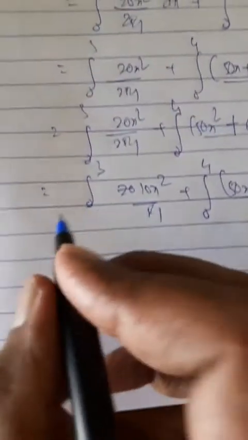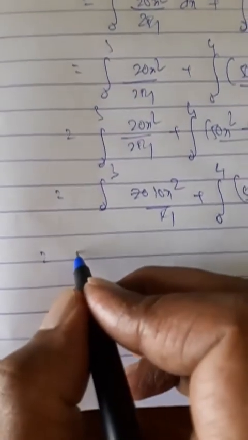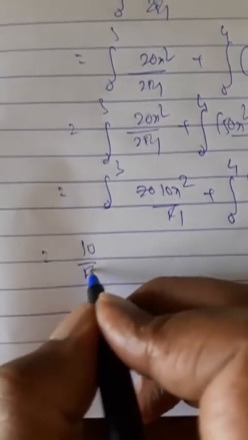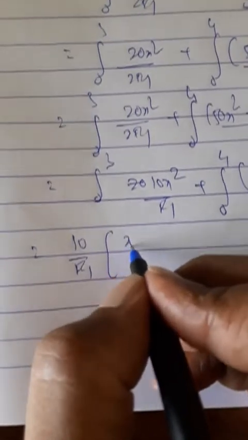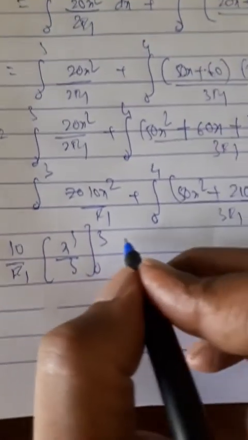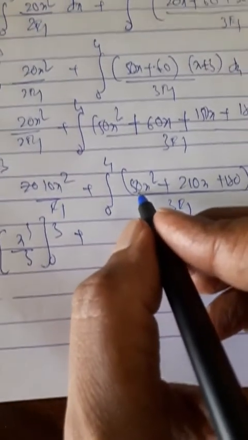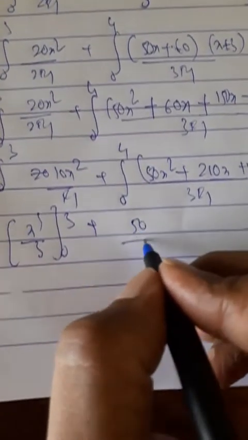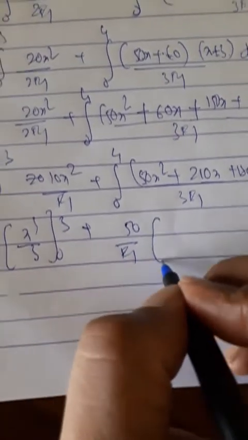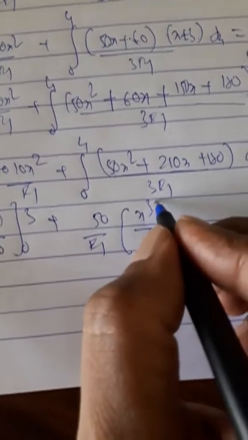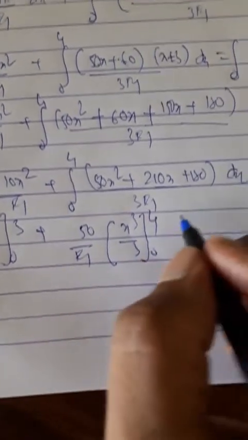Now I am going to integrate each of the terms. 10 by EI outside the bracket. Integration of x square is x cube by 3. Limits are 0 to 3. Plus 50 by 3EI outside the bracket, integration of x square is x cube by 3, limits 0 to 4.